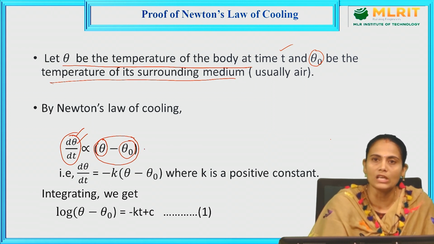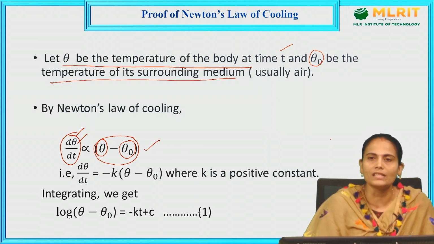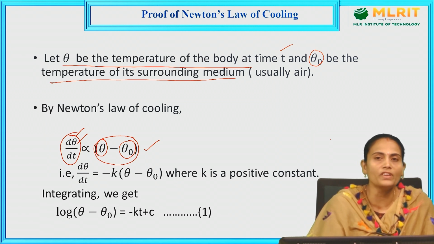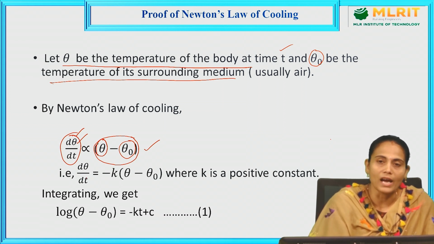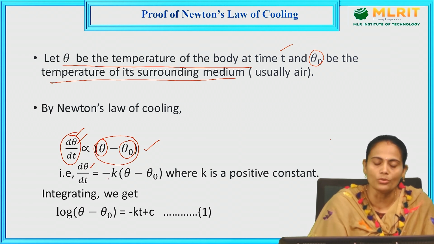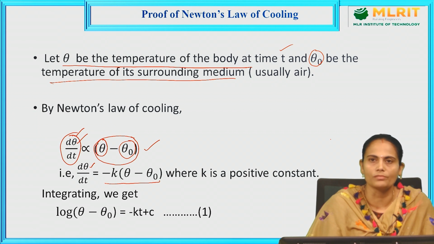So the equation we get is d theta by dt is proportional to theta minus theta naught, and now we take the proportionality constant, so d theta by dt is equal to minus k into theta minus theta naught.